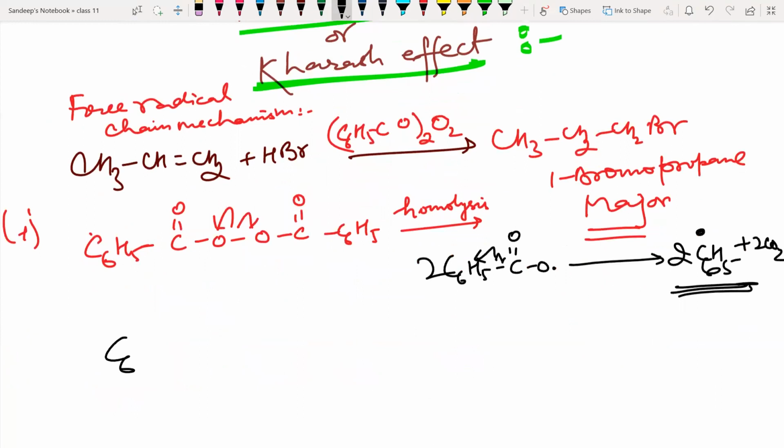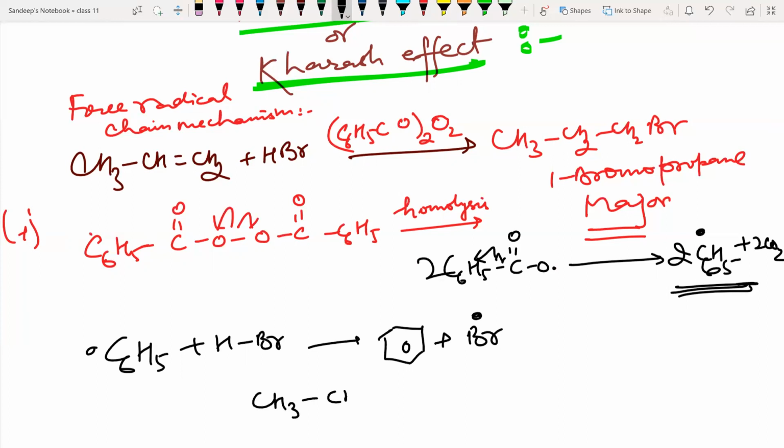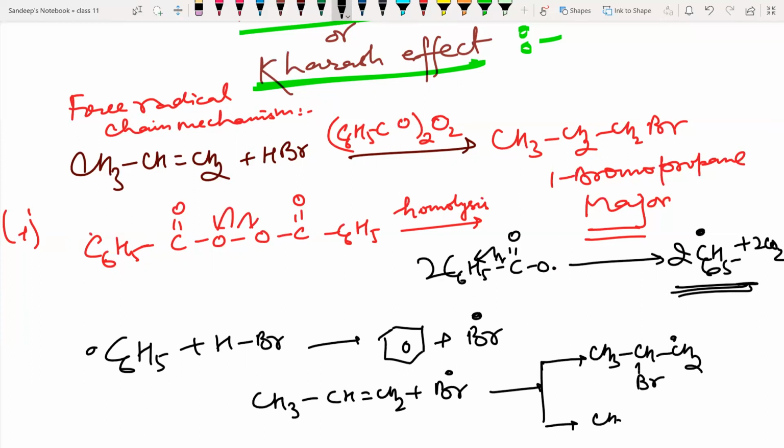What happens? This phenyl free radical reacts with HBr to form benzene plus bromine free radical. Now this bromine free radical attacks propene to form CH3CHCH2Br, which is a 2-degree free radical, and CH3CHBrCH2, which is a 1-degree free radical.